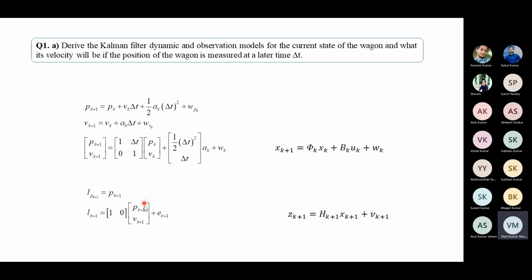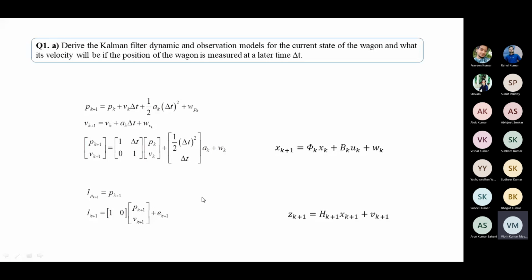First write XK as PK, VK. We can see the observation is only related to the position, so it will be 1. There is no velocity, so 0, plus EK plus 1. So EK plus 1 is actually the VK plus 1 here. So these are the simple dynamic and observation equations which we can write for our case.